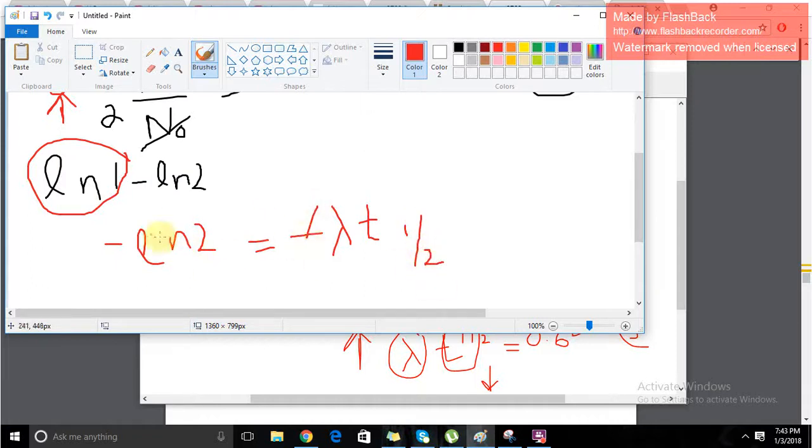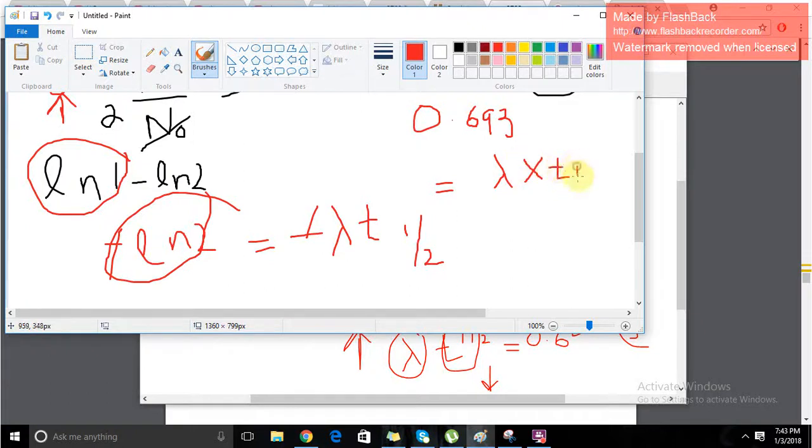The minus minus cancels, and because if you take the log of 2, you get 0.693, so you can say 0.693 is equivalent to the product of the decay constant, which is the probability of a particular nucleus decaying in a unit time interval, multiplied by the half-life, which is the time taken for the sample size of a radioactive sample to halve. And hopefully this was helpful. Let's just go over a few questions to see how much we got.